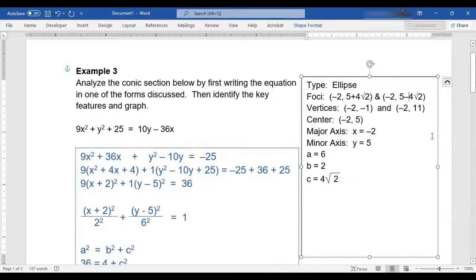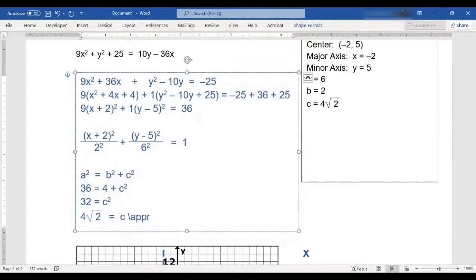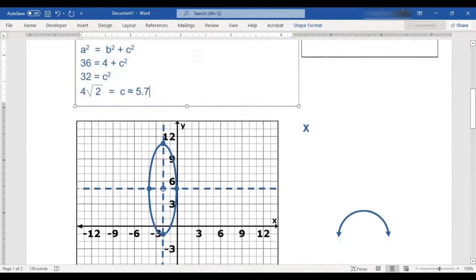Now to graph those, of course, we want a decimal approximation. The square root of 32 is about 5.66 or so, so about 5.7. That tells me how far to count to graph c.